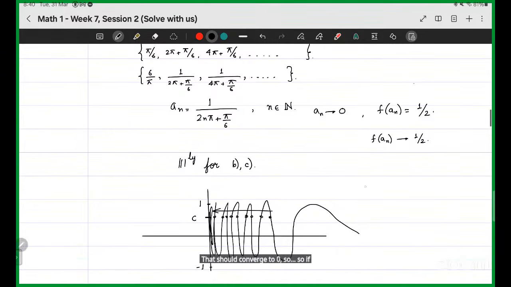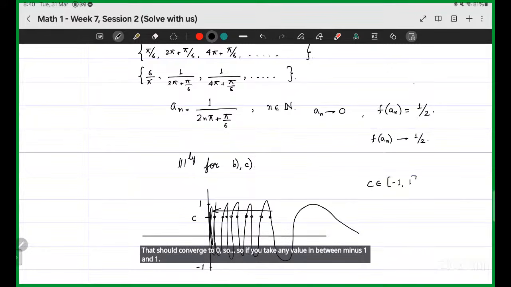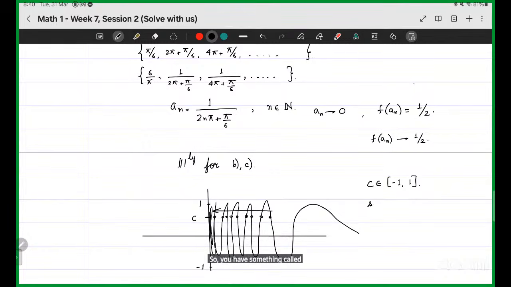If you take any value in between -1 and 1, you have something called sine inverse C, right? This will be between -π/2 and π/2.